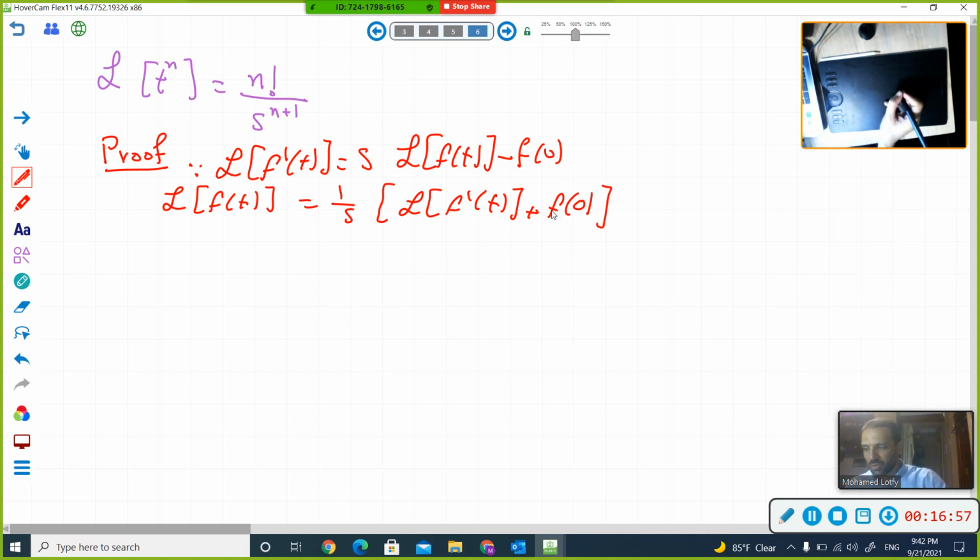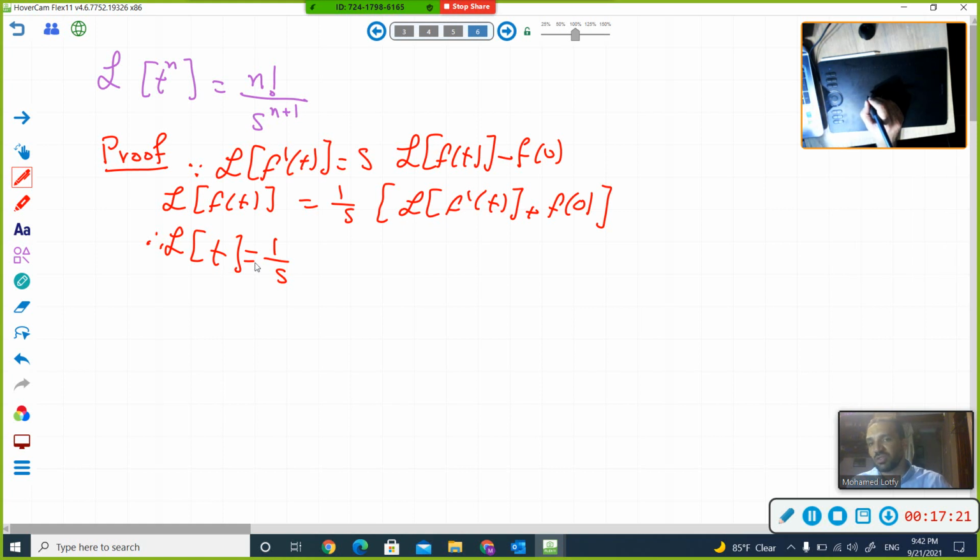So now, if we start with t to the power 1, the Laplace transform of t, our small f of t now is t. So we will apply this rule. It will be 1 over s, the Laplace transform of the derivative of the function.